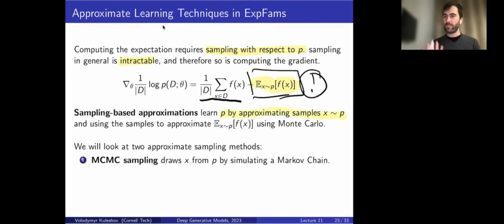Maybe taking exact samples from P is hard, but if we could draw approximate samples, then we could use these samples to get an estimate of this expectation using Monte Carlo. So the idea of the sampling-based approach to approximate inference is to use this formula and to approximate the expected value by approximately drawing samples from P.